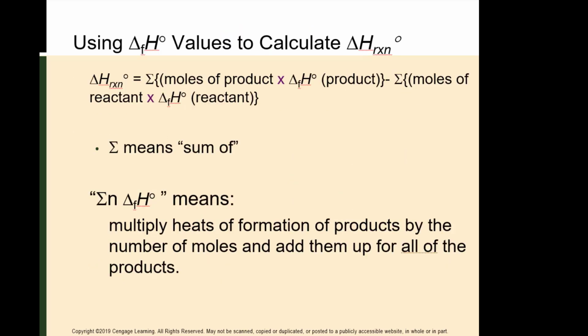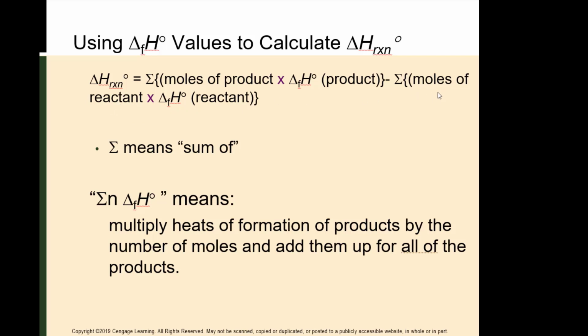So moving on, we can also calculate enthalpy change for a reaction by using the standard molar enthalpies of formation and this equation. So to find the enthalpy of the whole reaction, we can take the sum of our enthalpies of formation for our products minus the sum of the enthalpies of formation of the reactants.